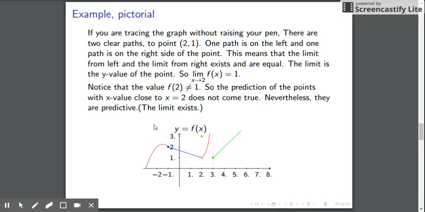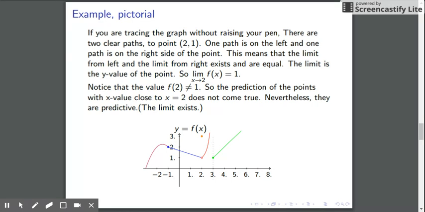The interesting part, what leads to the definition of continuity, is that the prediction from both sides of the graph is going to be the same for y values, and then the y value of the point that we're approaching is going to be the same as that prediction.